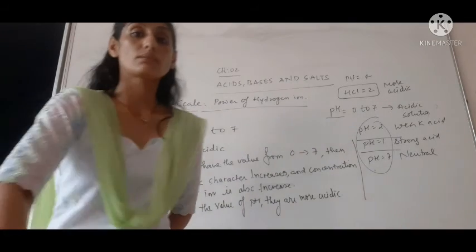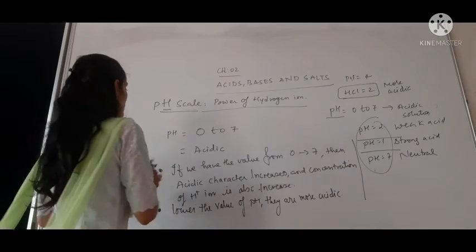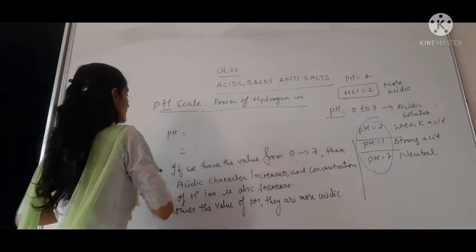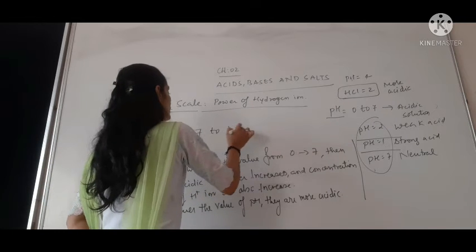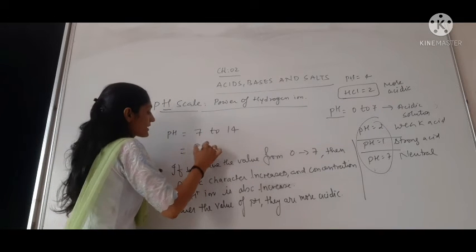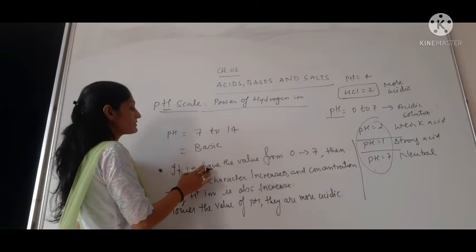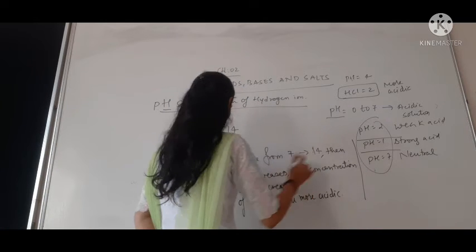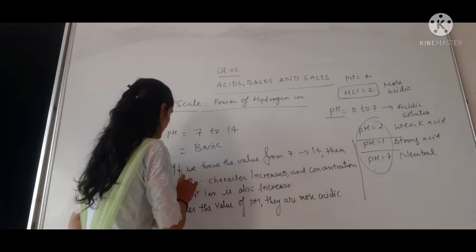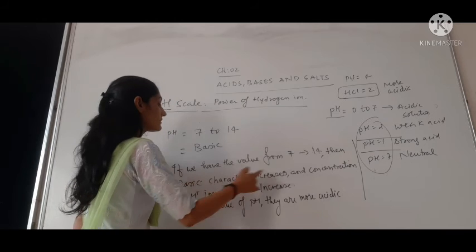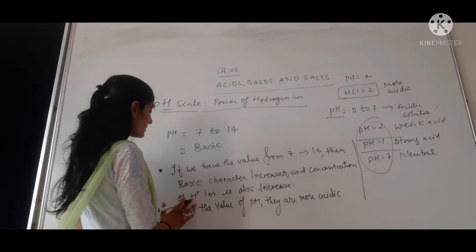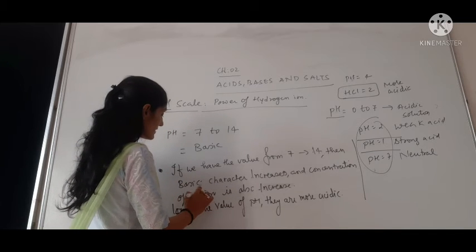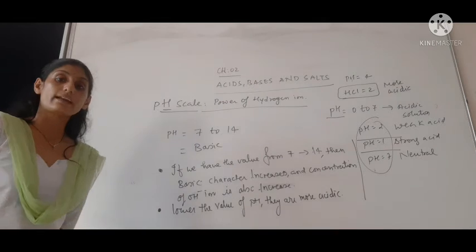Now we learn about the base. Okay children? So the value of base is lying in between 7 to 14. So these are known as basic solution. So if we have the value from 7 to 14, then the basic character increases, and here the concentration of hydroxide ion increases.